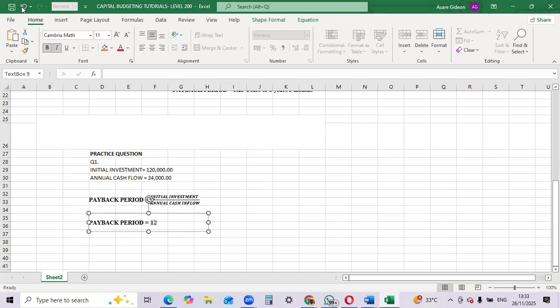It's 120,000. And then the annual cash flow is 24,000.